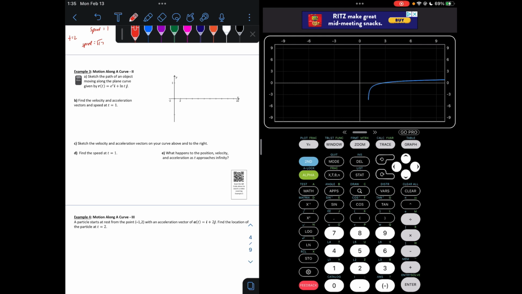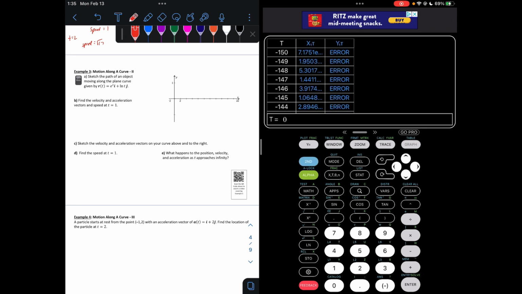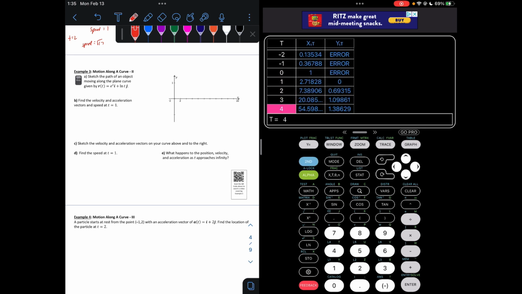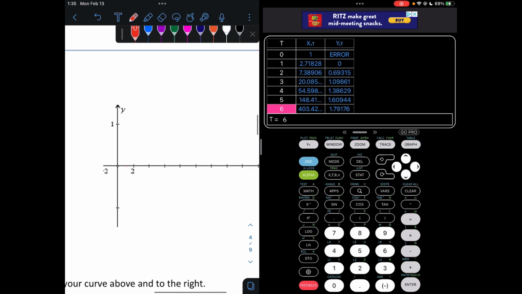It says to sketch that here, so I'm just going to go to the table and see. At t equals 1, we get 2.7 comma 0.